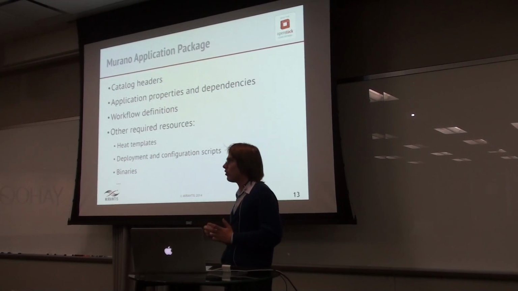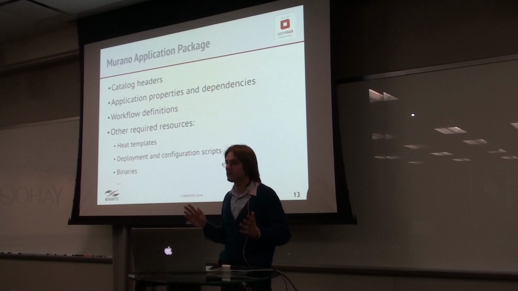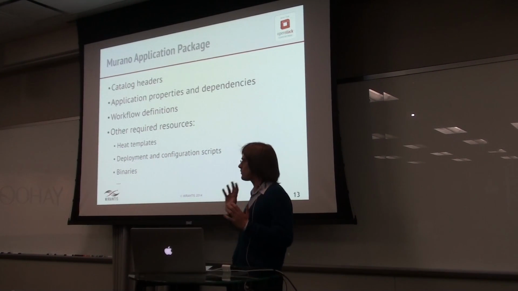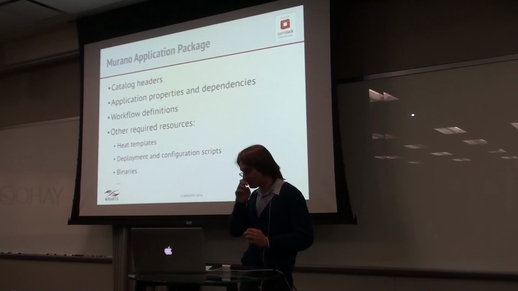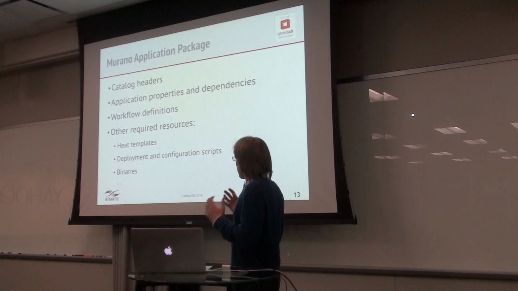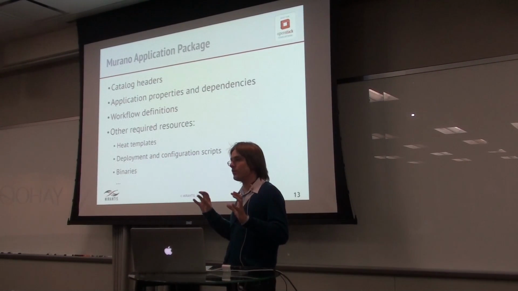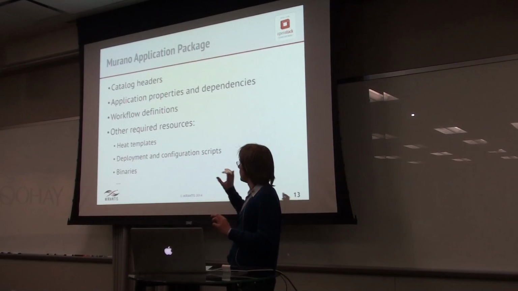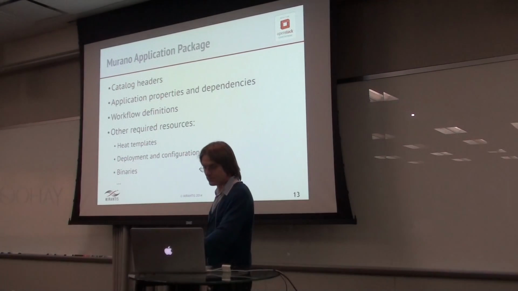In the world of Java applications or PHP applications, there are no binaries for PHP, for example, but still the application itself may be put inside the application package as well. But the core thing is a workflow which manipulates all that stuff: the binaries, the Heat templates, the deployment scripts, and makes the whole thing work in the cloud.